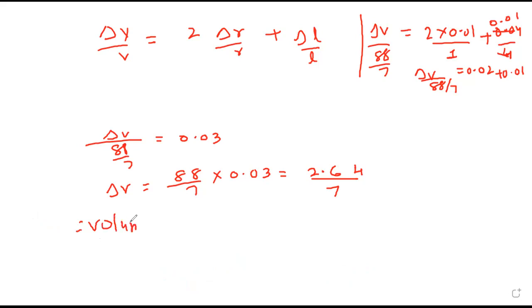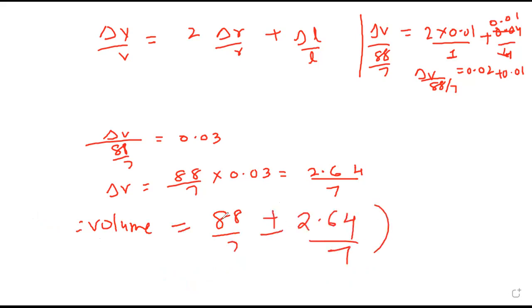Therefore, volume equals to V, which is 88 by 7 plus or minus 2.64 upon 7.